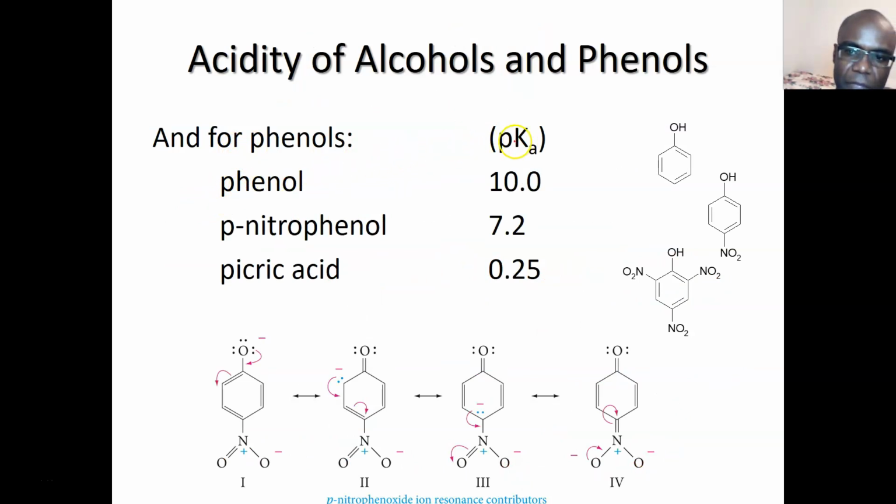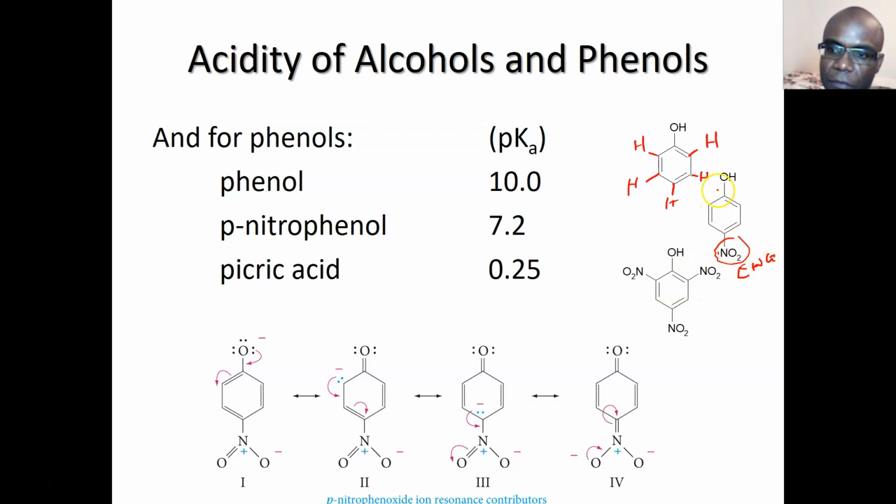Same can be attributed to phenols. So a regular phenol has 5 hydrogens on it. The moment you introduce an electron withdrawing group, like a nitro group, that's an electron withdrawing group because the nitrogen has a plus sign on it. We talked about this in chapter 4, right?